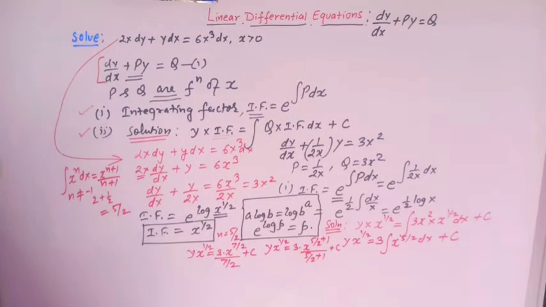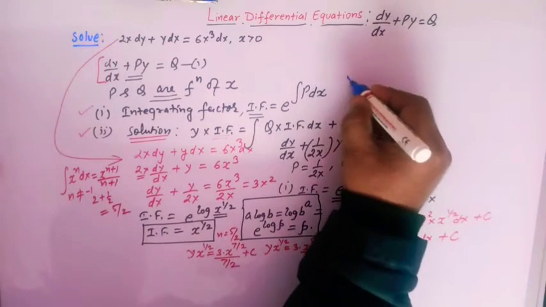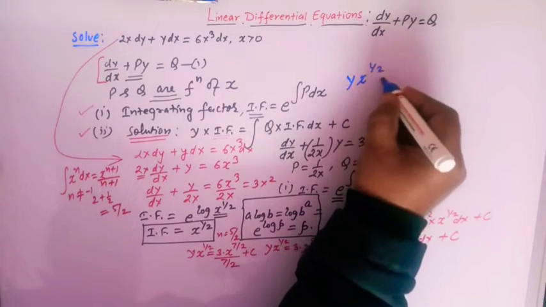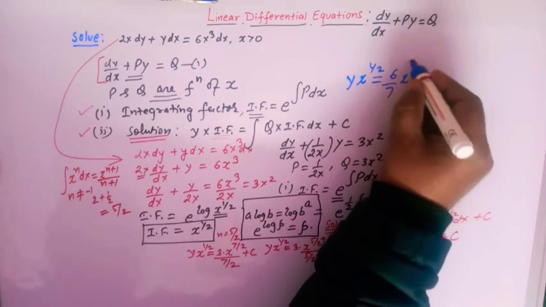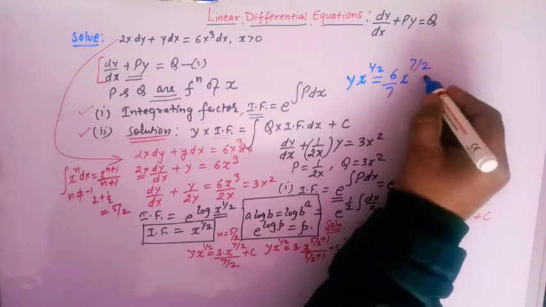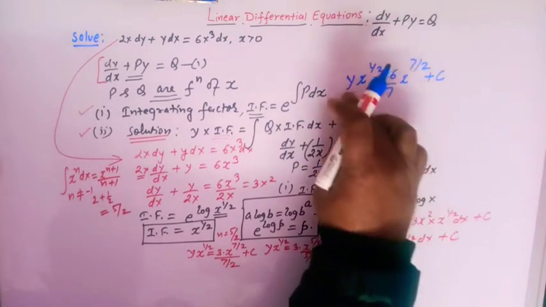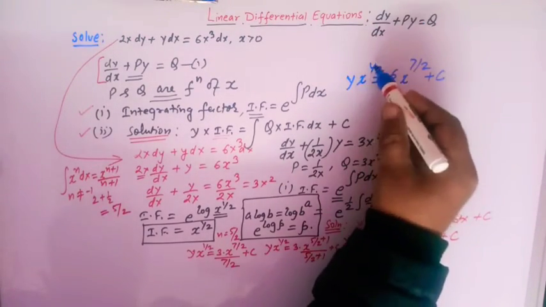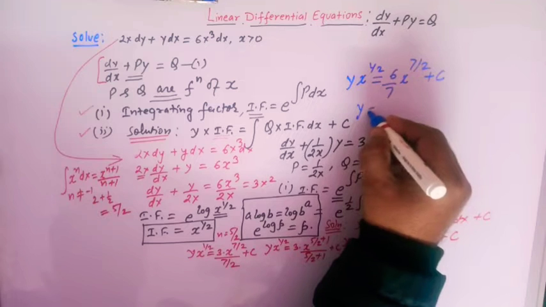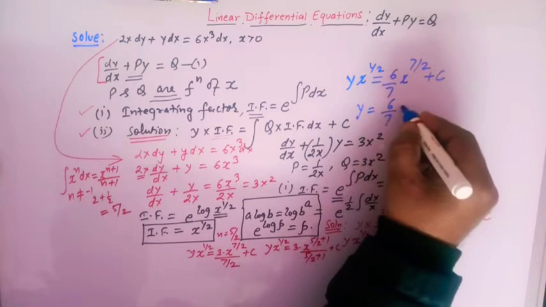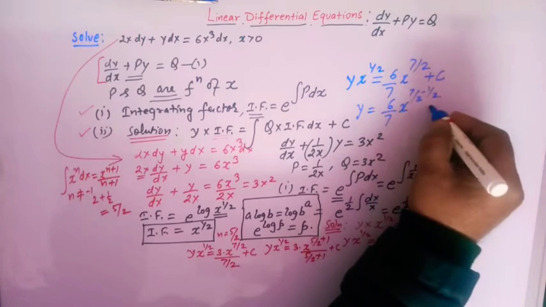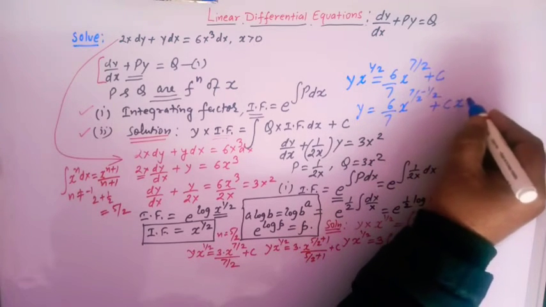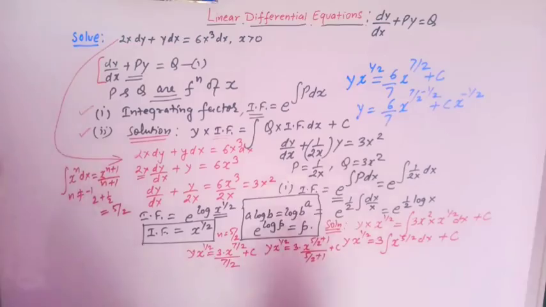Taking this 2 to the numerator, we can write y x raised to half is equal to 6 over 7 x raised to 7 over 2 plus c, and dividing throughout by x raised to half, we have y is equal to 6 over 7 x raised to 7 over 2 minus half plus c times x raised to minus half.